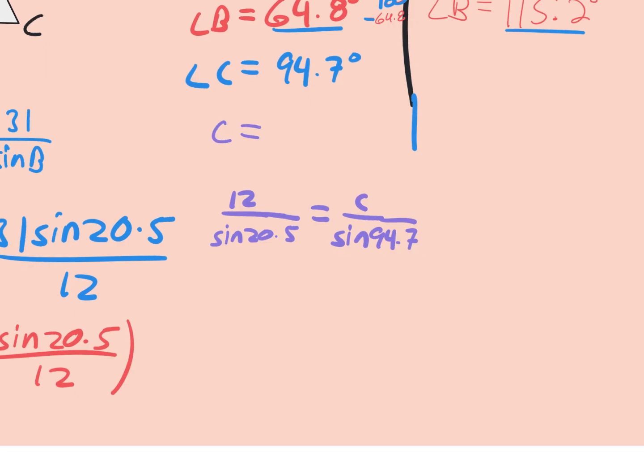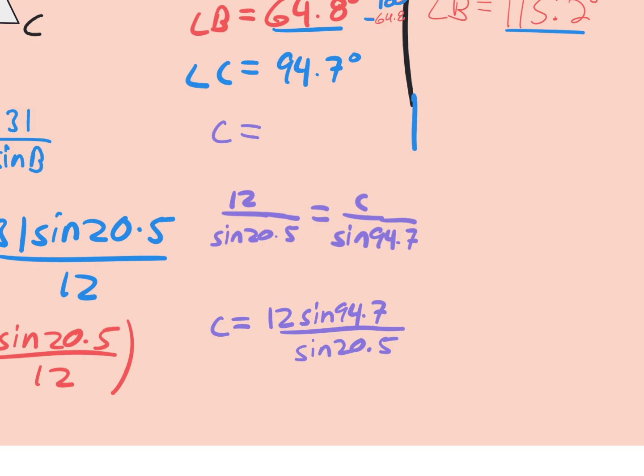And then just like before, you can cross multiply. You end up getting C equals 12 times sine of 94.7 divided by sine of 20.5. So let's plug that into our calculators and let's see what we get.